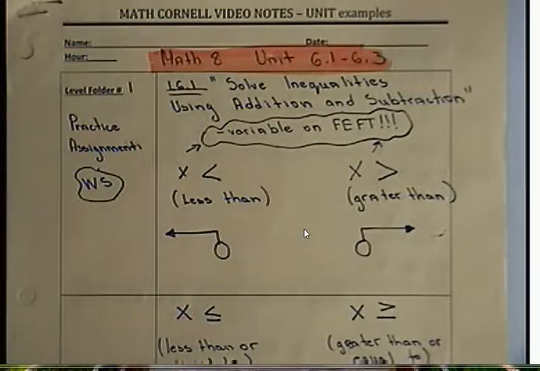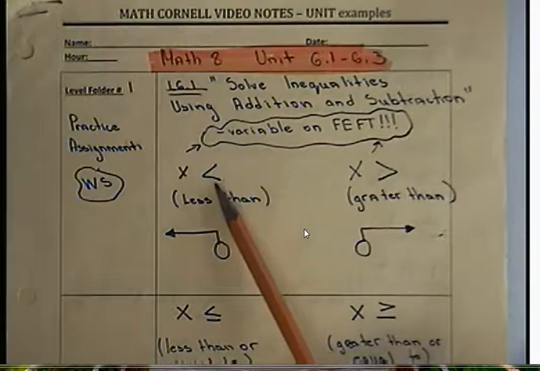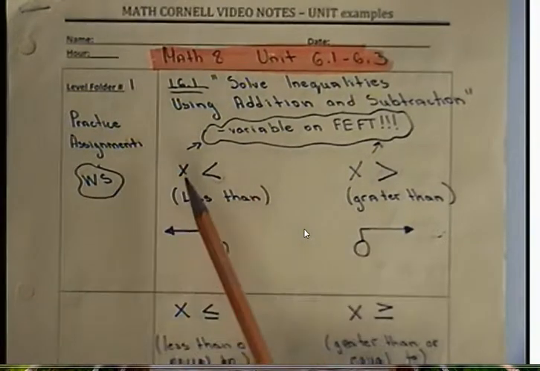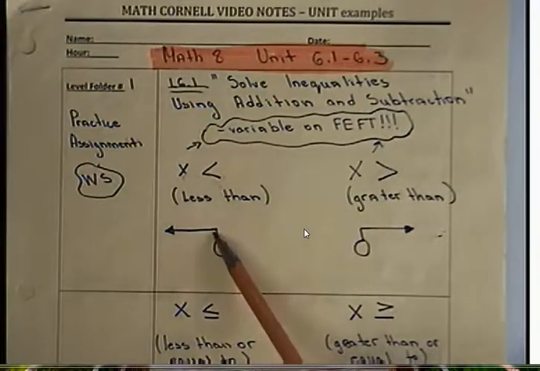So, lesson 6.1, solve inequalities using addition and subtraction. If you have the variable on the left, then this inequality symbol means less than. When we graph something and all x values are less than, they will be pointing to the left.